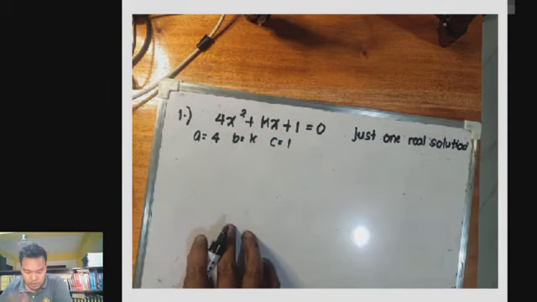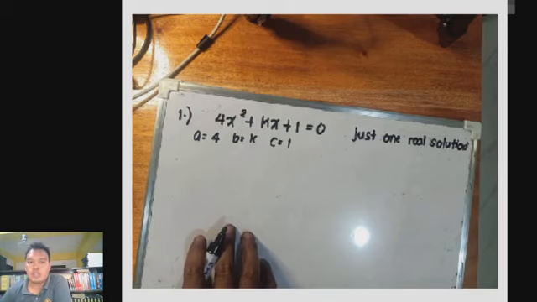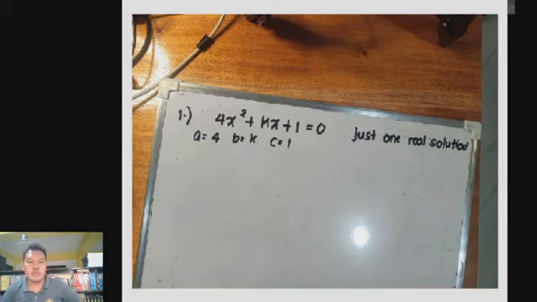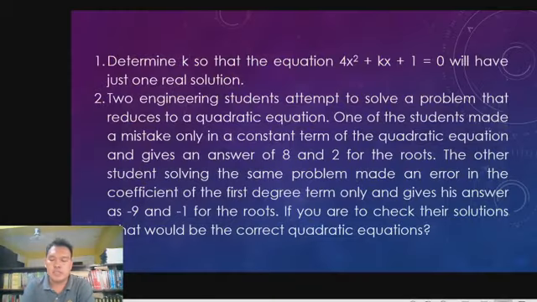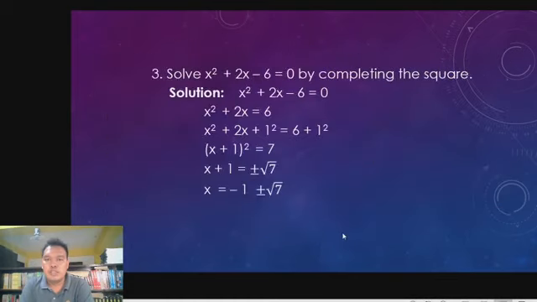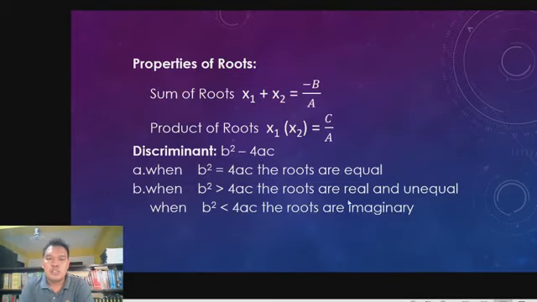Then, to identify one real solution, balikan po natin yung sa discriminant, no? Okay. Wait lang, balikan lang natin yung discriminant kanina. So we have discriminant, b squared minus 4ac.